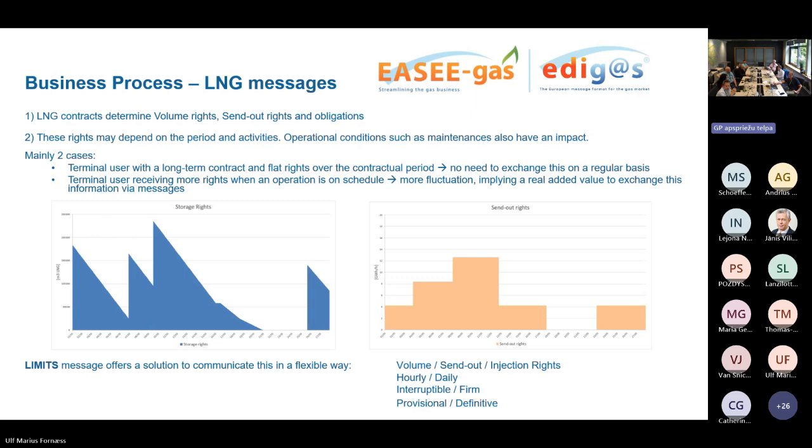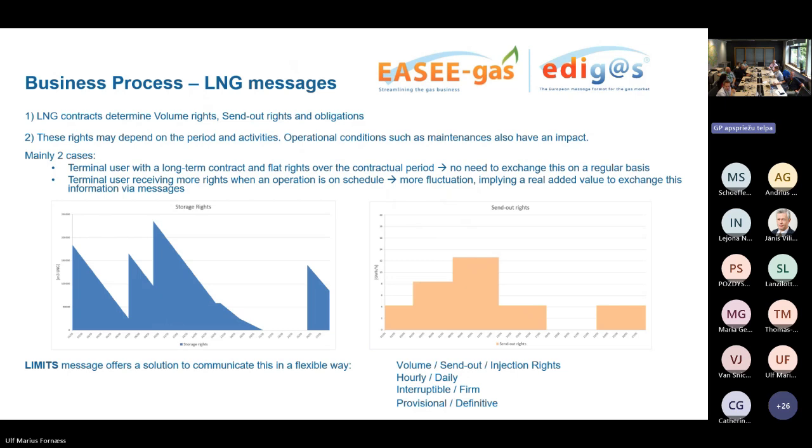To do that, we can use the limits message, like the message that is used for storage. The big advantage of this message is that it's very flexible. You can send the volume rights with the limits message, but also the send-out or the injection rights.